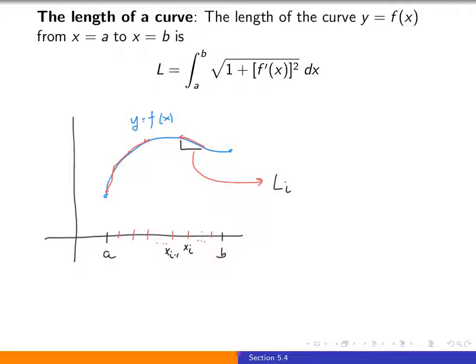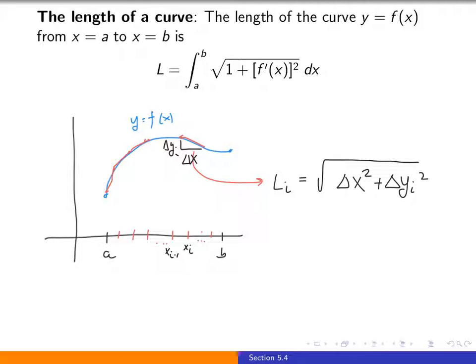And how the x values change would be the change in x. How the y values change would be change in y. So the length of this small little segment, and I should make that a change in y sub i and a delta x, would be the square root, so by the Pythagorean theorem, of delta x squared plus delta y sub i squared.